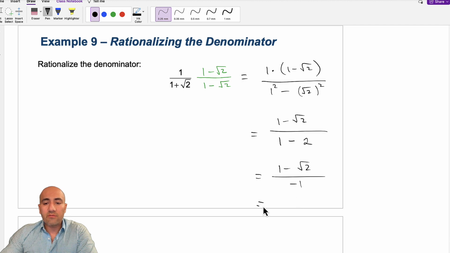And now finally we simplify this by, well, you can think of it in a couple of different ways. You can think of it as separating this into two fractions, 1 over negative 1 minus root 2 over negative 1. So we can kind of think of tucking the negative 1 underneath each one of these, which then gives me a minus 1 plus root 2.